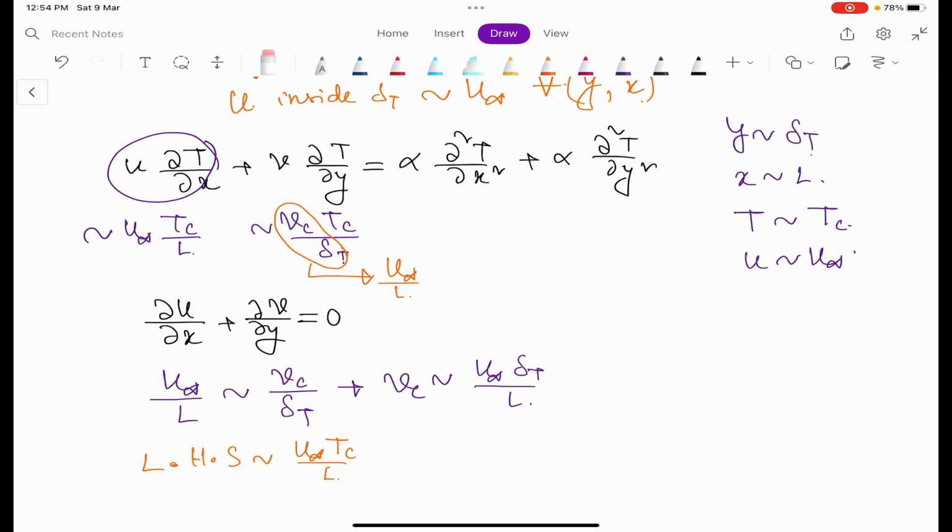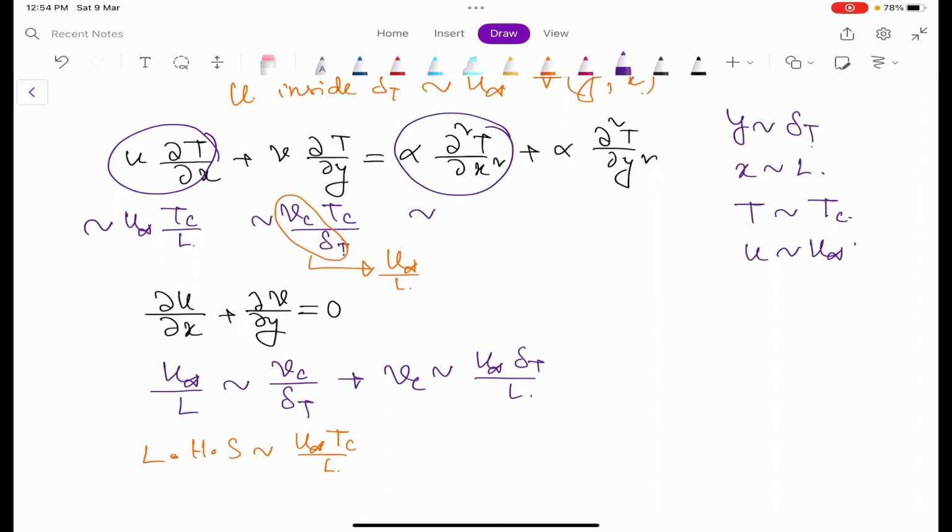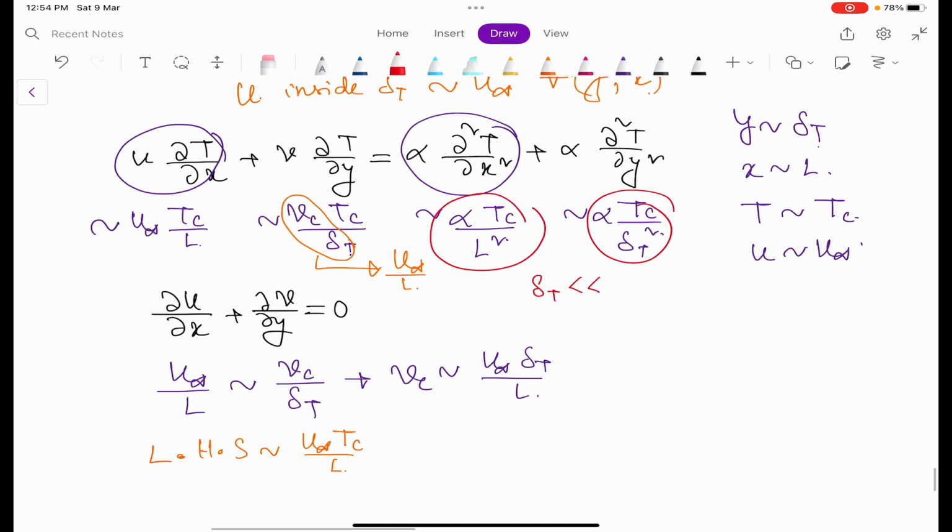And this term will be of the order of alpha del 2 t del x square, alpha Tc by L square, and this will be of the order of alpha Tc by delta t square. So you can see from these two terms, as delta t is much less than L, delta t square is also much less than L square.